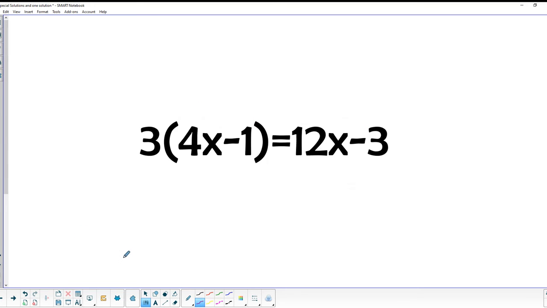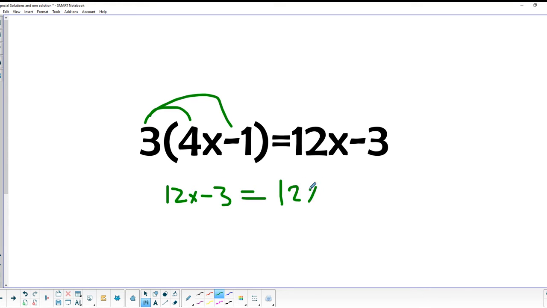All right, here's another problem. Let's use the distributive property to get rid of our parentheses. So 3 times 4, 12x. 3 times negative 1 is negative 3. And I have 12x on this side as well. Subtract 3.